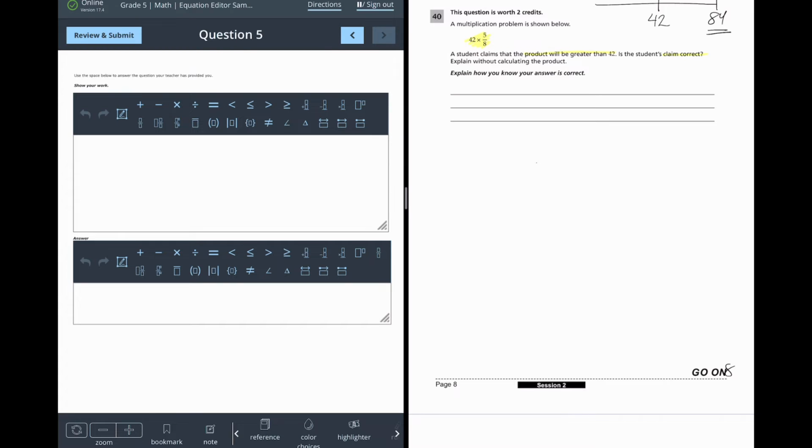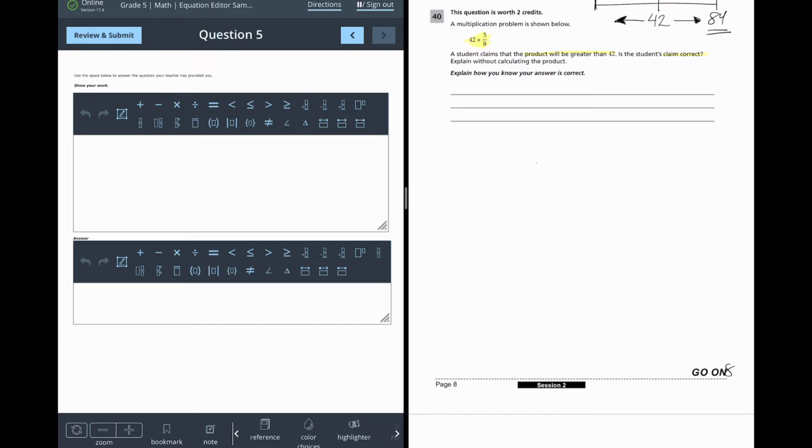I get a number that's bigger than 42. Okay, so if my factor is greater than 1, then I'm going to get an answer that's greater than 42. This makes sense. If my number is less than 1, then my answer is going to be less than 42.